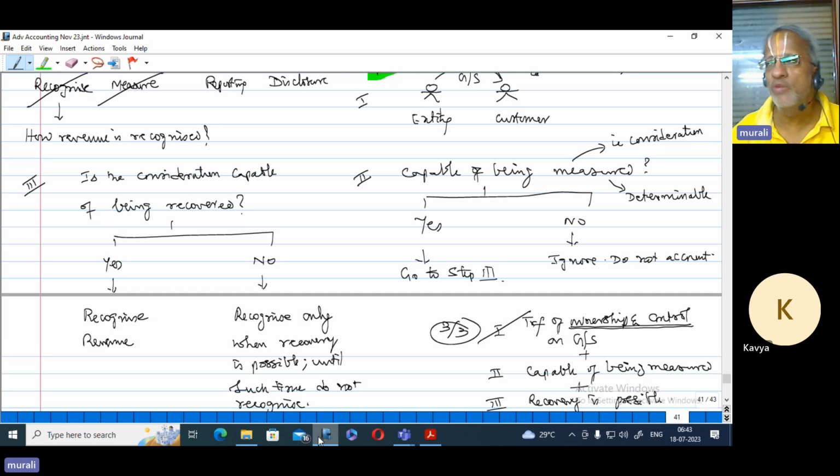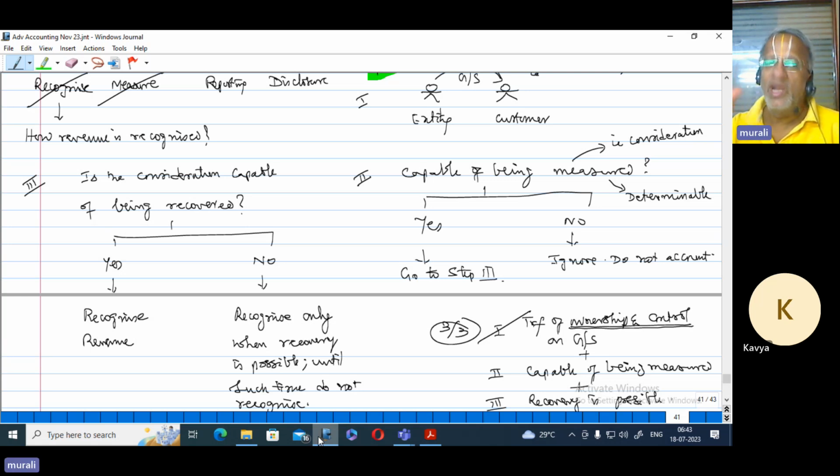Capable of being measured would mean sometimes what will happen is that it may or it may not be capable of being measured. Would mean you can postpone, do not recognize at all. Sometimes what will happen is that consideration we would not have determined at all. We would just say, okay, you please start the work, definitely I will pay.